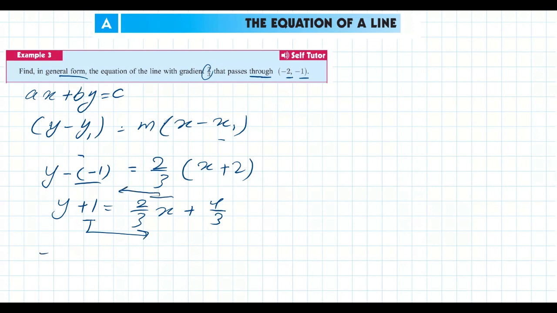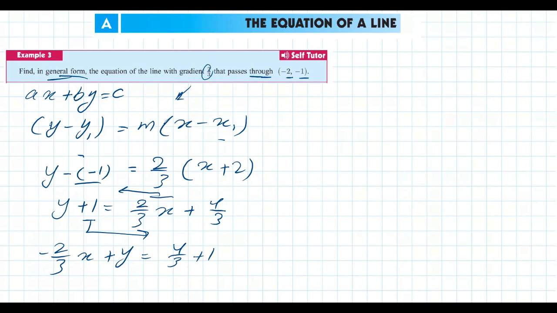Then negative 2 over 3 x plus y equals 4 over 3 plus 1. He said find in general form the equation of the line with gradient 2 over 3 that passes through this point. I used a really different method, a critical one, and we're going to deal with it.